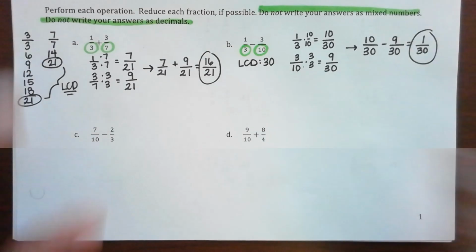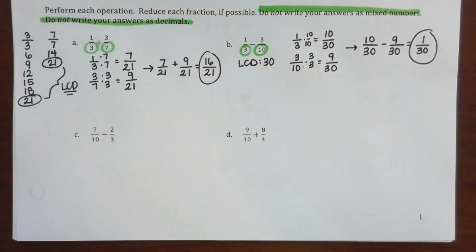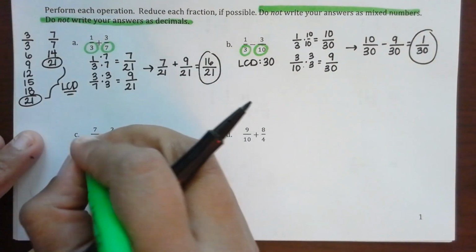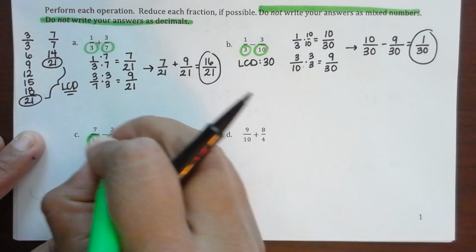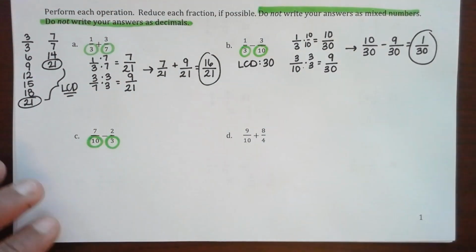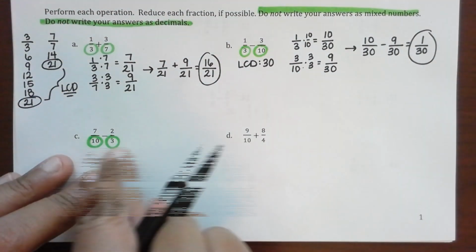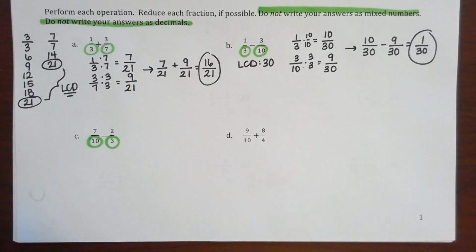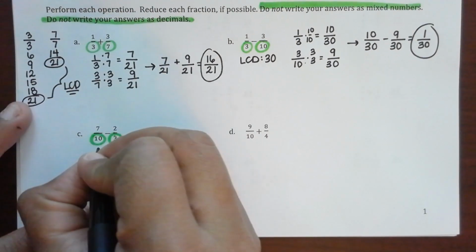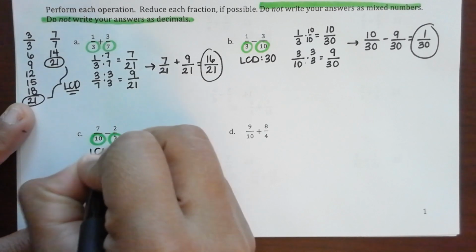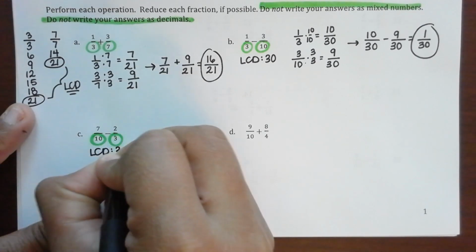Reference your examples always, okay? What are my two denominators? So, do I need to do anything different than I did to letter B? Because am I dealing with the same denominators? Yeah. So, looking here, what's my least common denominator? 30.